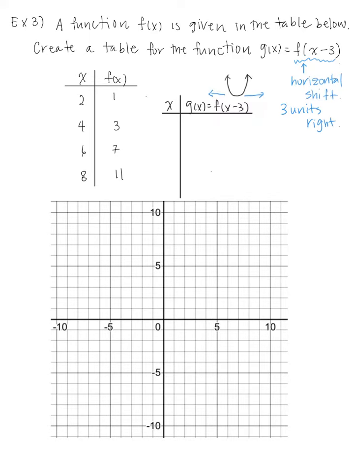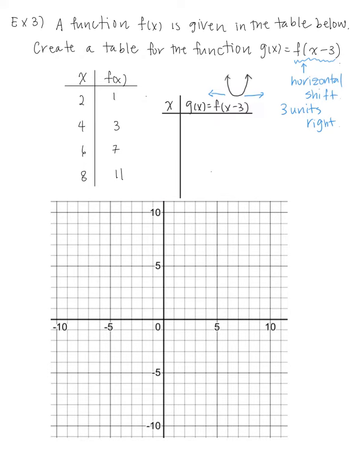Okay, now how much are you going to change the value of x? Well, look at it. You already know that this is a horizontal shift 3 units to the right, correct? So here, what you need to do is add 3 to each value of x, and that's going to become the new values for x for our function g of x.